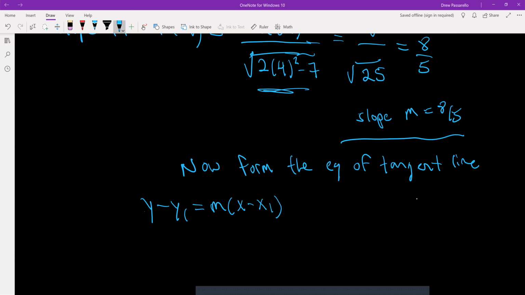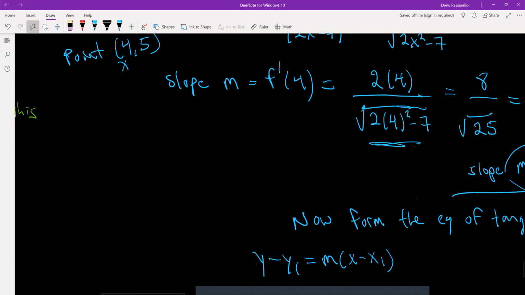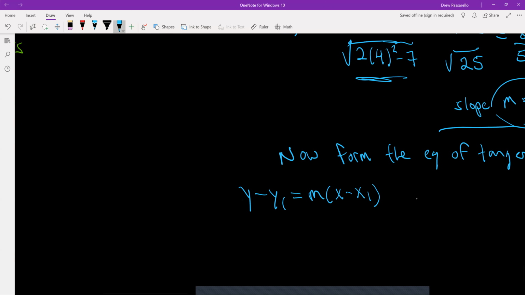And so my slope is 8/5. The point that they give you in the question is (4, 5), so I use this for x1, y1. So it'll be y minus 5 equal to 8/5 times x minus 4.